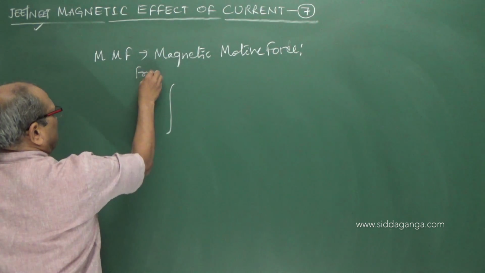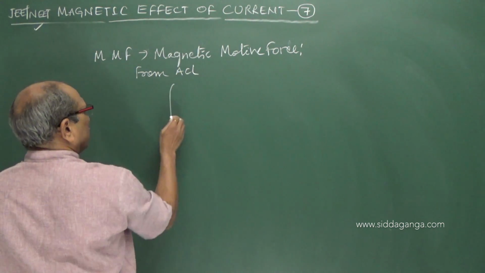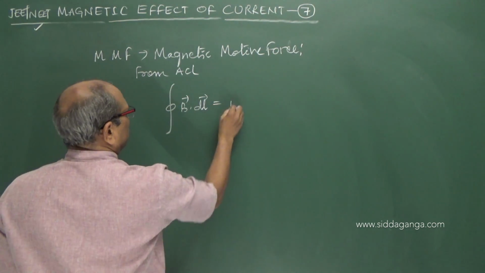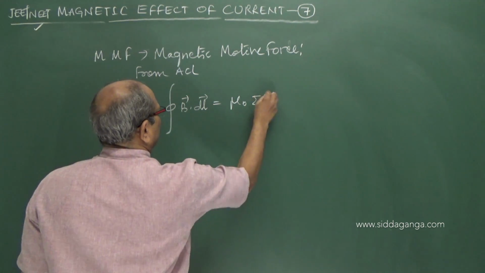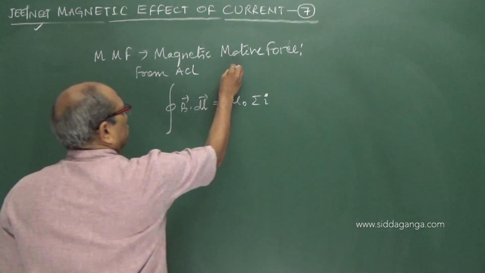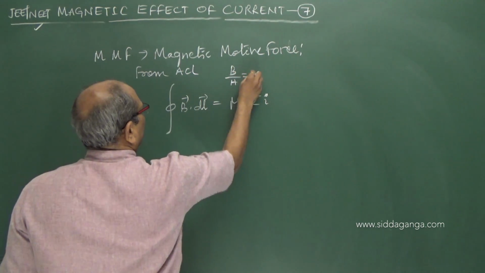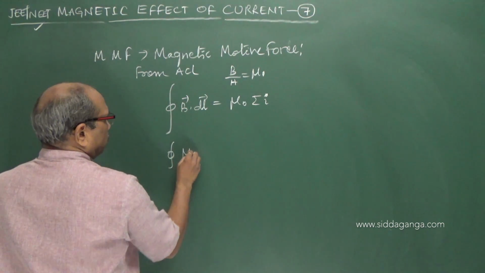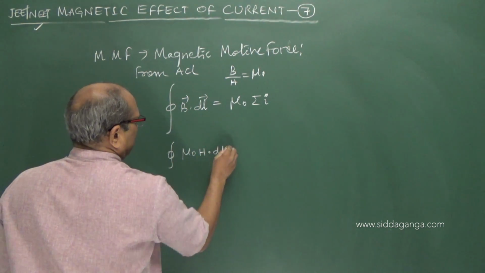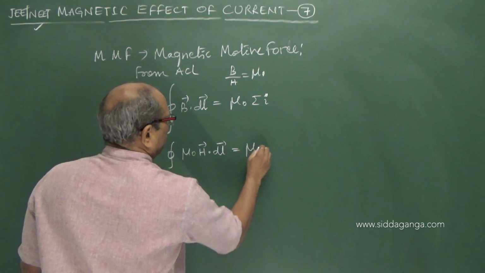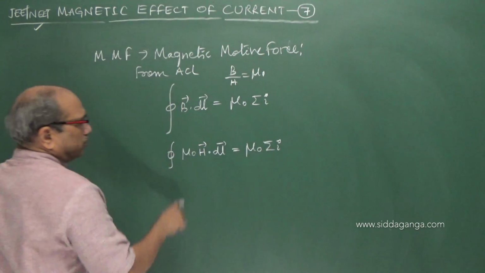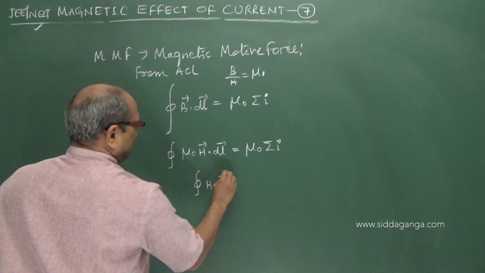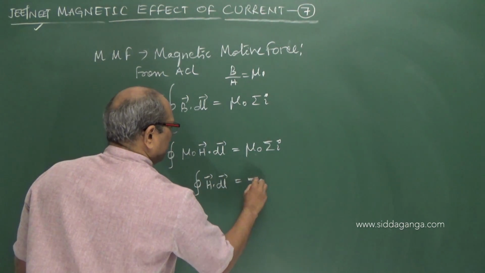From Ampere's circuital law, integral of B dot dl equals mu naught into summation I. You know B by H equals mu naught. Therefore, I can write mu naught into integral of H dot dl equals mu naught into summation I. Mu naught cancels, and we get integral of H dot dl equal to summation I.